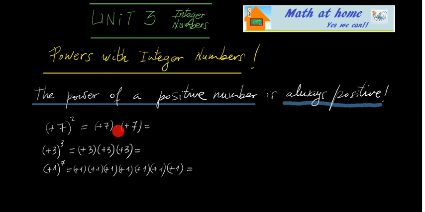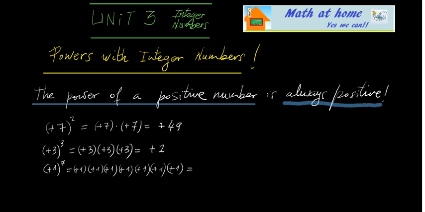So it's a product of numbers, and what you are multiplying is the base. So if the base is positive, then the result is always positive. For example, positive 7 times positive 7 is positive 49, or positive 3 times positive 3 times positive 3 is positive 27.